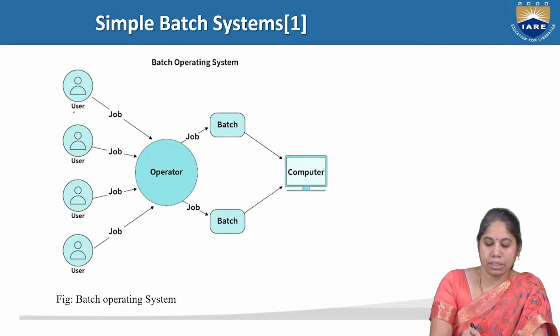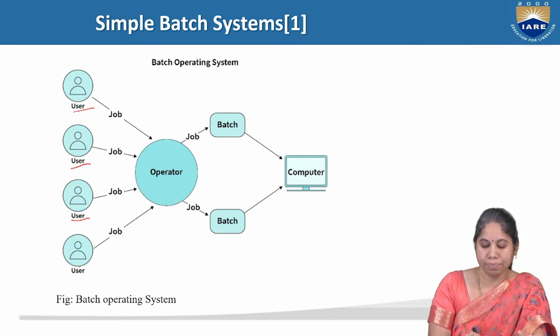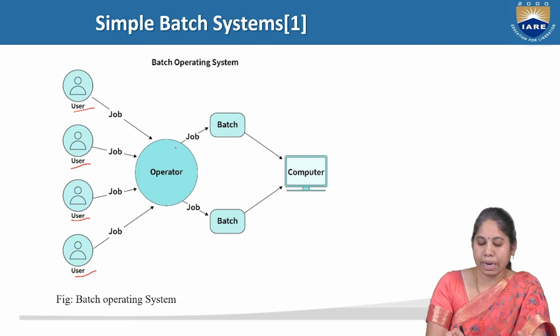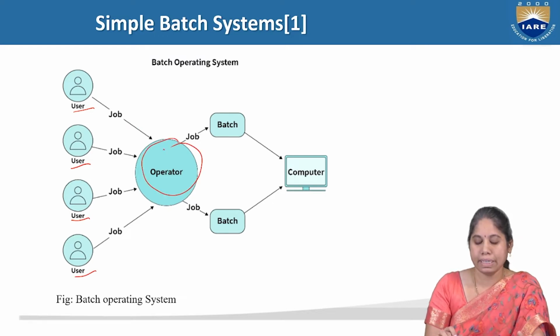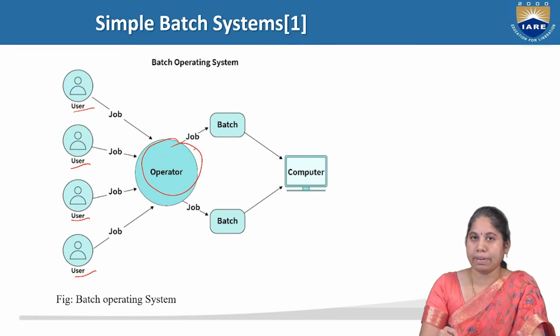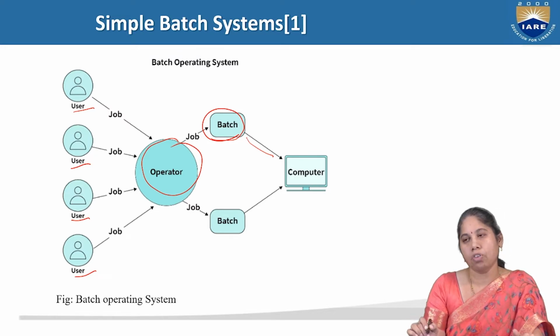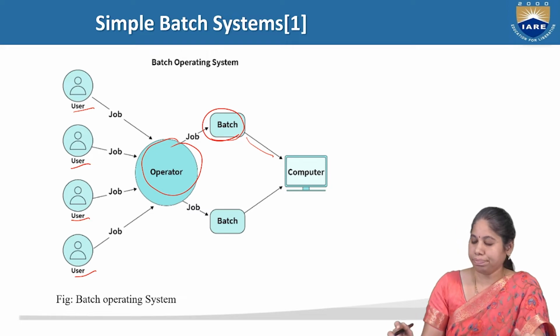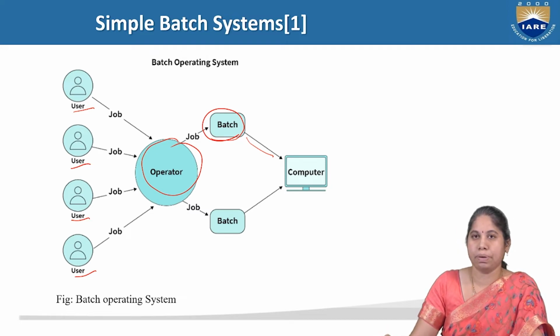So here these are different users. They submit the jobs, and the computer operator will visit and collect the jobs, and then according to requirements, the similar jobs are grouped together and made into batches. Those batches are submitted to the computer, and the computer does further processing and gives the output back to the user. This is what a batch operating system is.